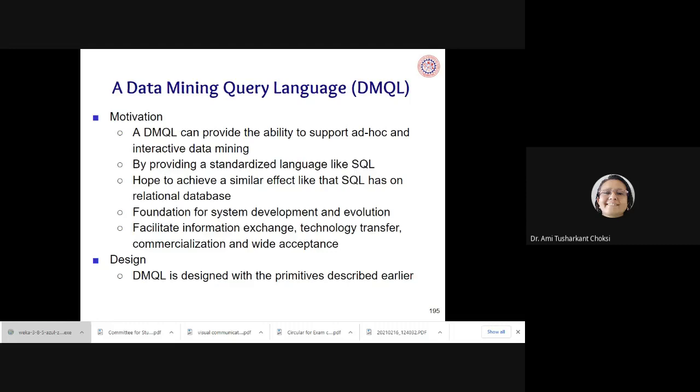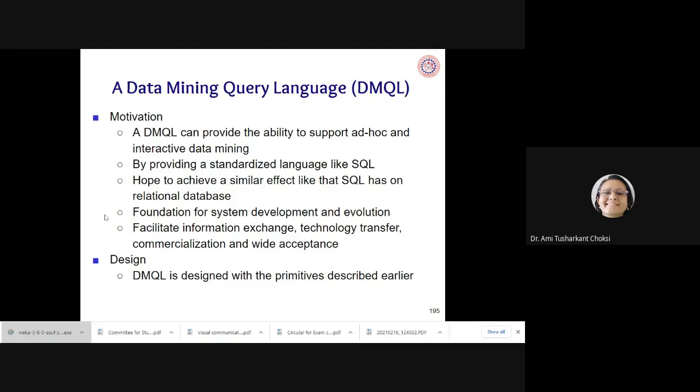So what do we say about the motivation for that? A DMQL can provide the ability to support ad hoc and interactive data mining by providing a standardized language like SQL. Hope to achieve a similar effect like that SQL has on relational databases. Foundation for system development and evolution.